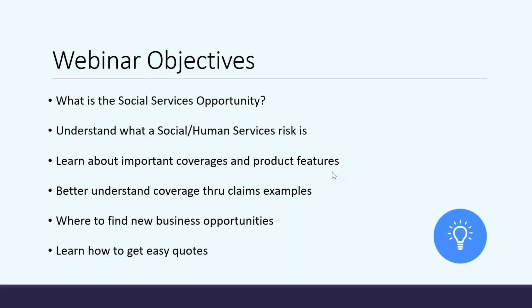Again, where to find these types of opportunities because you're going to be marketing for them or maybe you already have marketed for them. You maybe understand that it's a little bit hard to pinpoint, but we'll help you through that and what that looks like, and then how to get the quotes. Because at the end of the day, we're trying to get you a quote as easy as possible. Again, if it's not going to be a fit for USLI, you've also got the opportunity to quote them through CID as well.